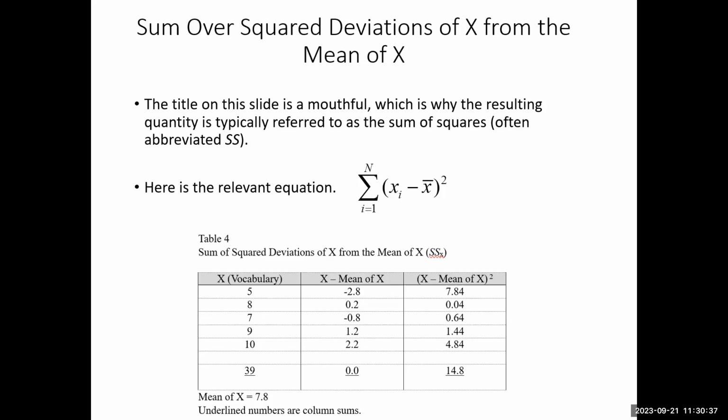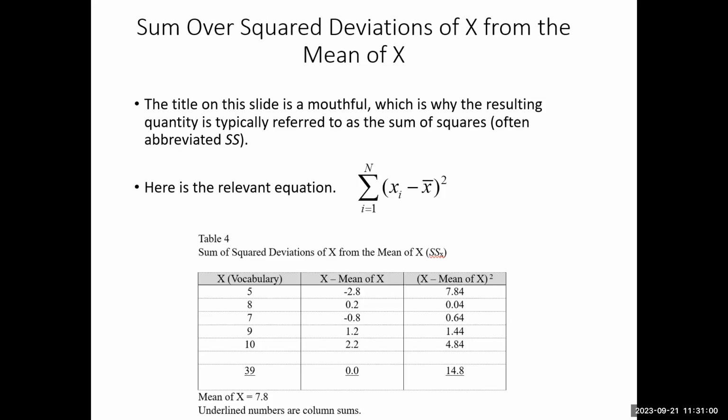We call that the deviation score. The note on the table tells us that the mean of x in this case is 7.8. So our deviation score in the top row of the table is 5 minus 7.8, which gives us a value of negative 2.8. And then in the right-hand column, we're going to square that value.